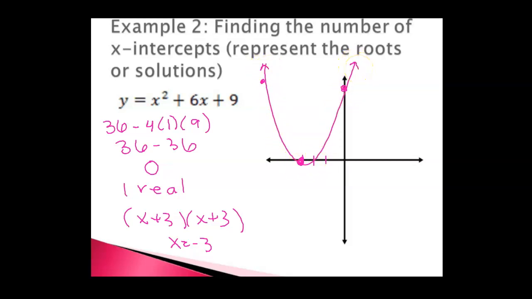So you have your y-intercept at positive 9, your other point at negative 6, positive 9, oops, sorry, board issues, and your only root at negative 3.